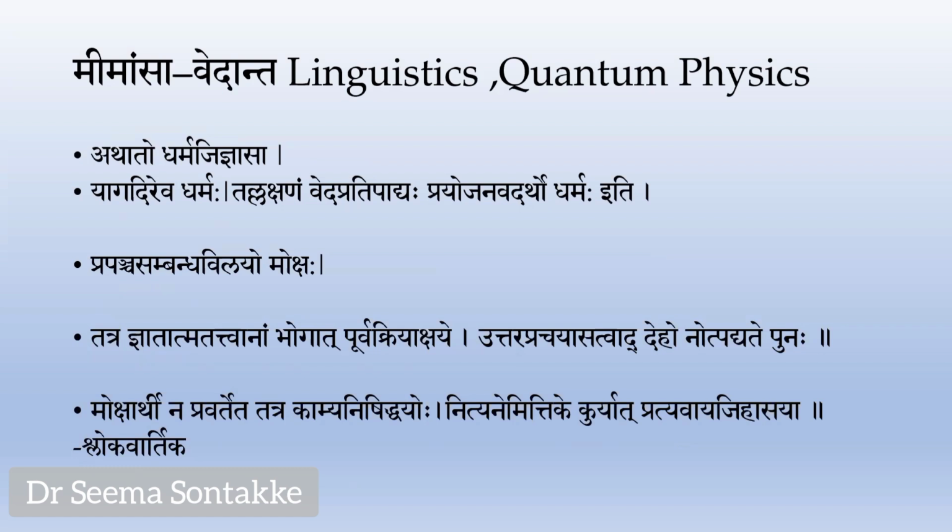After investigation of Vedic text and Vedic words, we can understand that dharma is nothing but the performance of rituals which are prescribed in the Vedas. "Yagadireva dharma." Thus, this darshana speaks more about karma and its consequences.